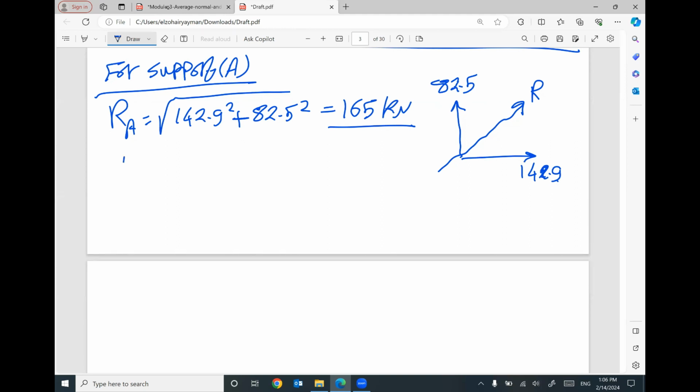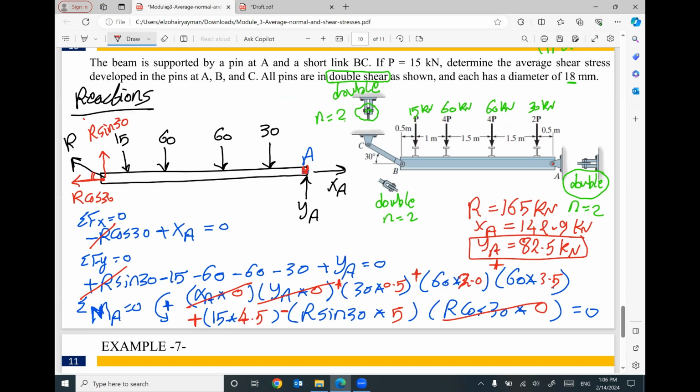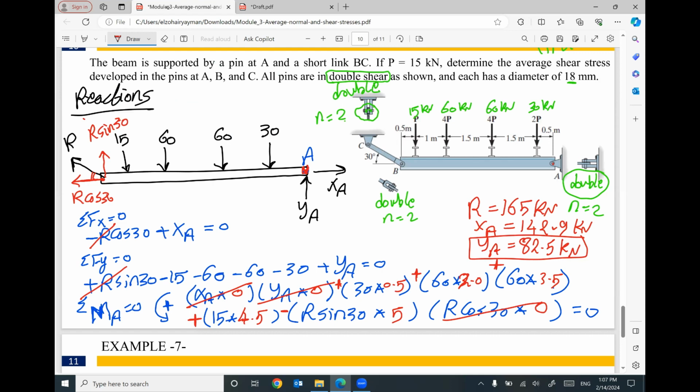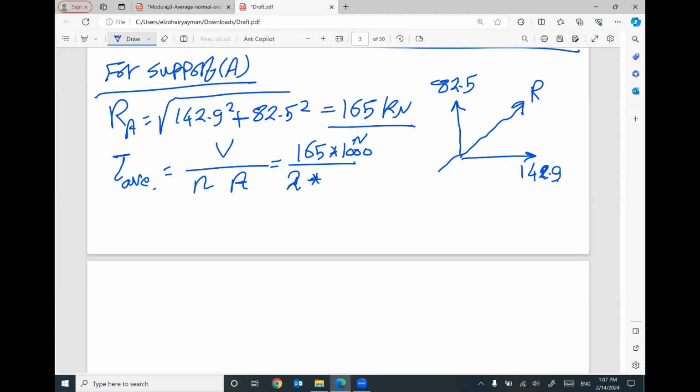165 kilonewton. So the average shear stress at A will equal V divided by N times area. The applied force at support A, which is the resultant, equals 165. I'm going to multiply it by 1000 to be in Newton. We have double shear, so N equals 2, and the area of the pin, which has a diameter of 18 millimeter, is pi divided by 4 times 18 squared.